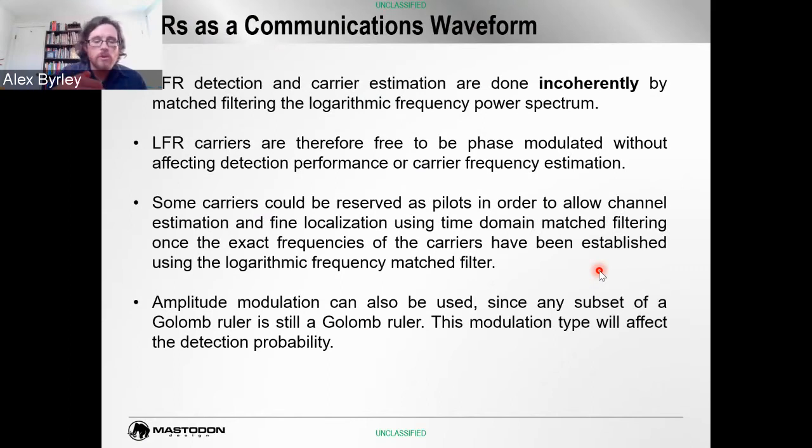Like I said before, we can reserve some carriers to allow time domain match filtering, but we can also use amplitude modulation because any subset of a Golomb ruler, which is the code we use to create these, is also a Golomb ruler. This modulation type will affect the detection probability, and there are some other details there that we won't go into today.